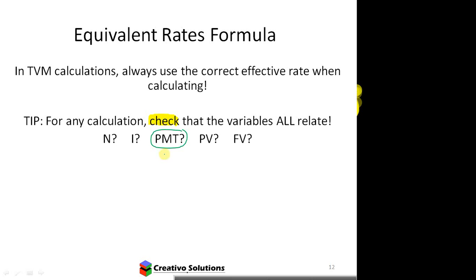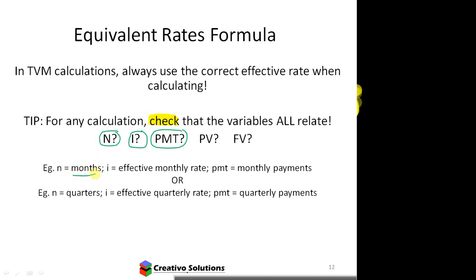You check the years, the N, and the I. Remember, the N could be in months but given in years. The I could be a daily rate, but you're requiring a monthly one. The payments could be daily, but you're needing monthly payments. So which three variables do we check? It's the N, the I, and the payment.